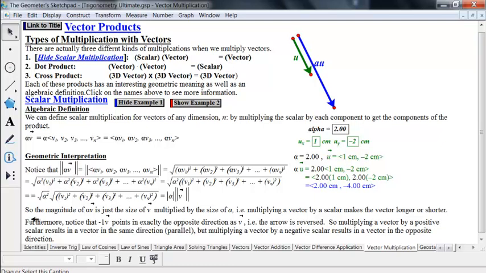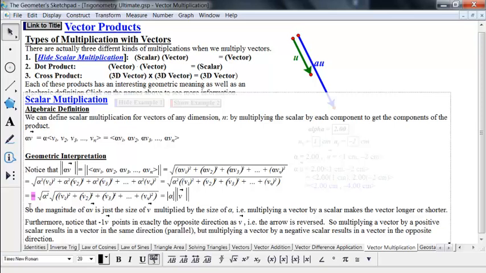Now we can prove that, as you see down here in our geometric interpretation. If we take the norm of alpha times v, that means we square each one of the components, add them up, and take the square root. When we square each part, each one of these has an alpha squared, then v1 squared, alpha squared, v2 squared, and so forth. They all have an alpha squared, so we can factor that out using the distributive property. Then we can break this into two square roots.